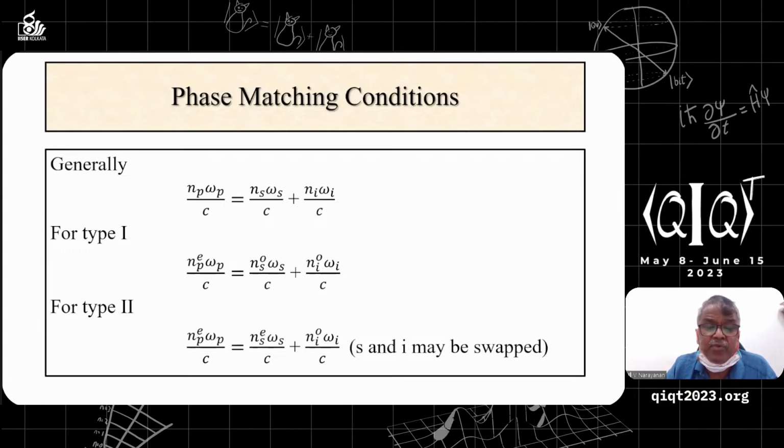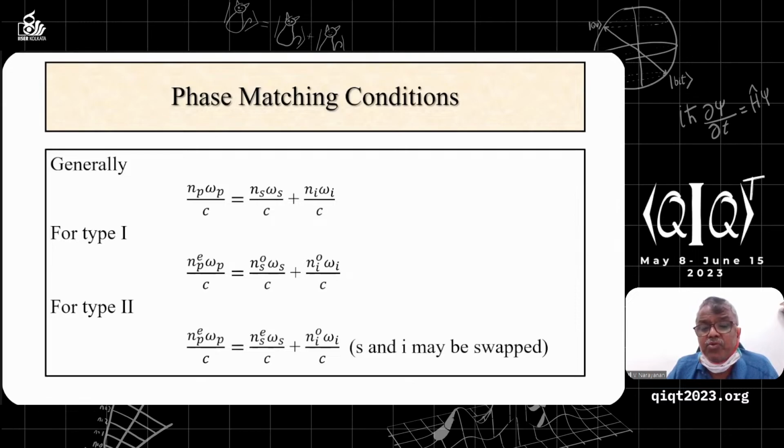So generally in the case of the birefringent material, you have to conserve both the ordinary and extraordinary ray polarizations. In the case of type 1, the extraordinary ray decays into two ordinary daughter photons, which are called the signal and idler. S stands for signal, I stands for idler. So that's how one produces them.